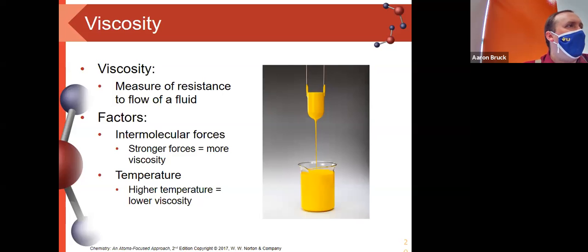Syrup's stickier, it is harder to flow. You put it in the refrigerator, sometimes it can just brick up on you. Why is the viscosity of maple syrup greater than that of plain water? Ben?